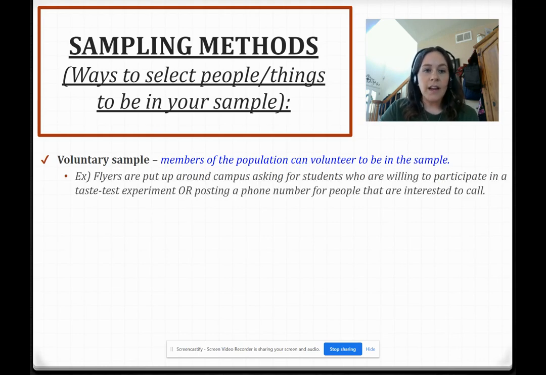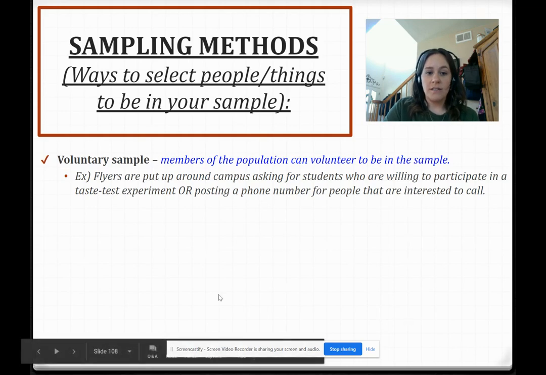For example, flyers are put around campus asking for students who are willing to participate in a taste test experiment, or posting a phone number for people that are interested to call and then volunteer to be part of your study. Voluntary sampling is one of the easiest sampling methods in regards to the person carrying out the study, but it's also naturally biased. Biased means that it is in some way going to hinder or affect the results to not necessarily be accurate for what you're trying to learn about.